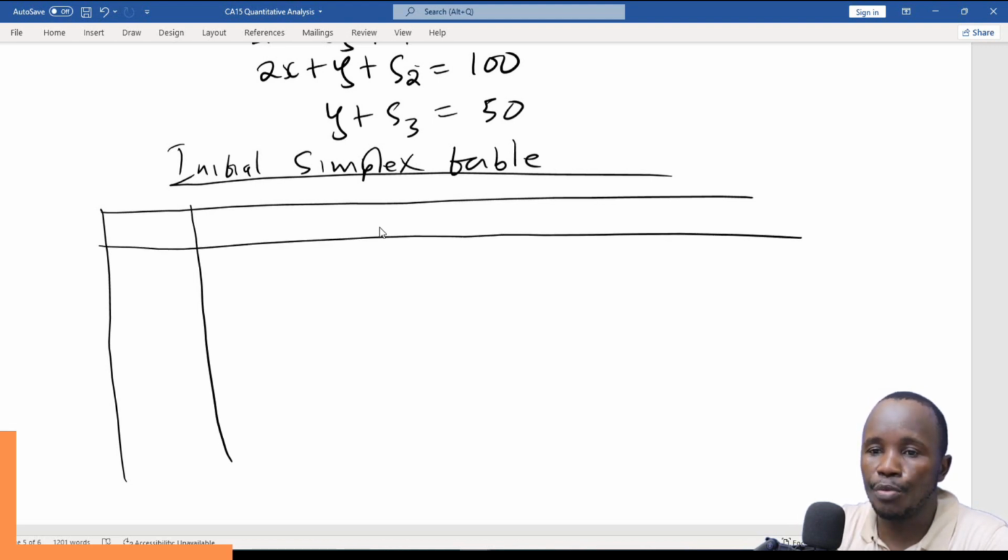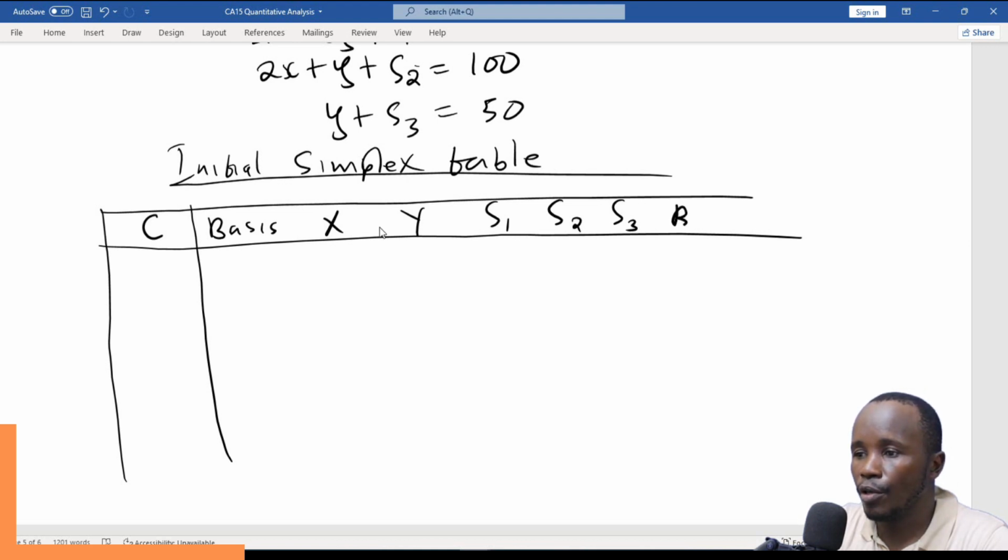We shall have our contribution, our basis, then we have x, y, slack 1, slack 2, slack 3. We have the value, or we call this one bi, and then we have the ratio.